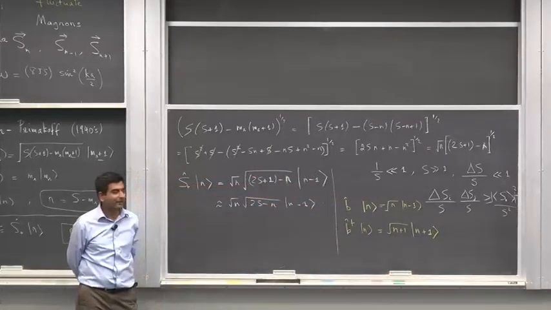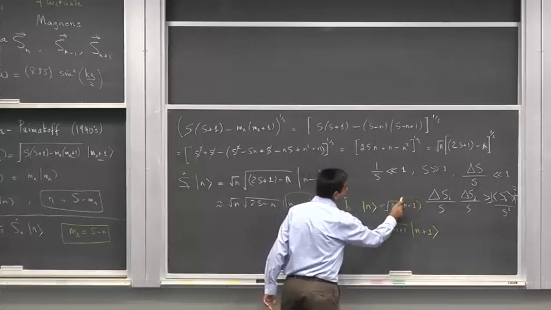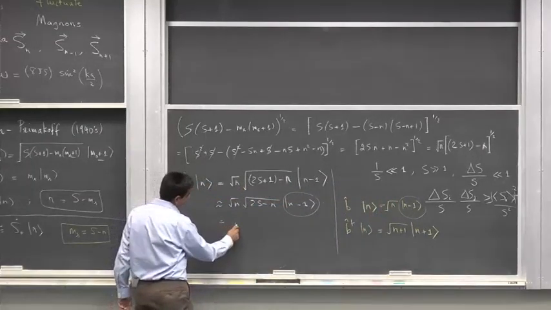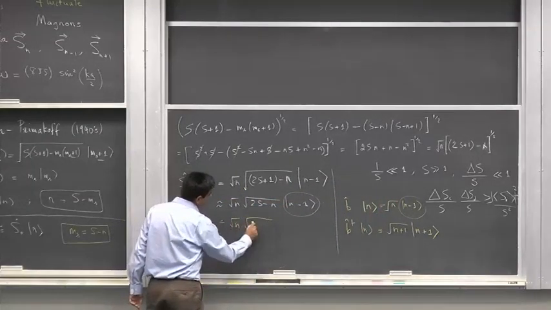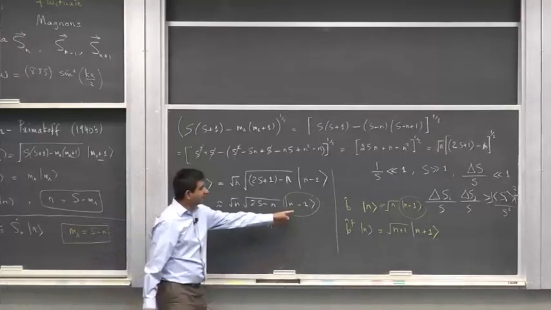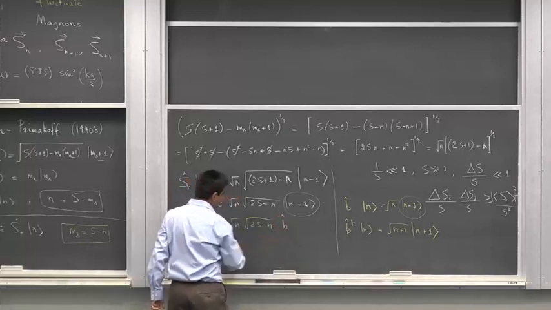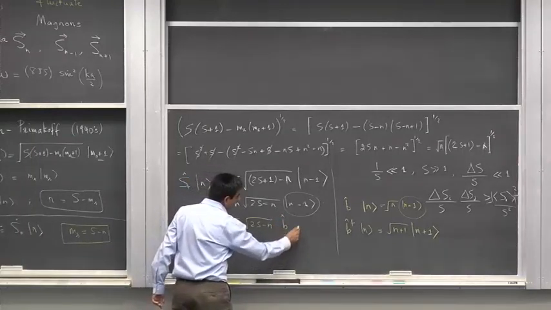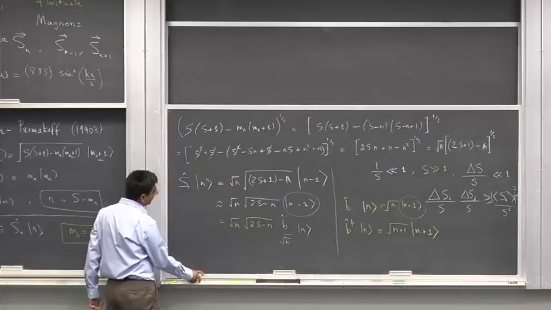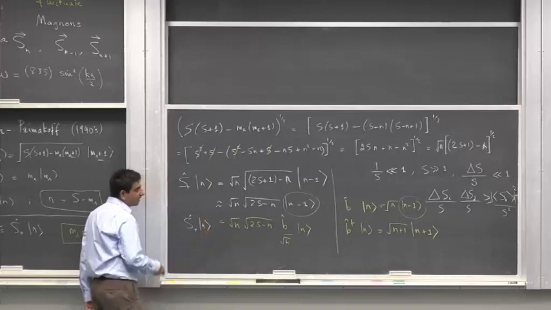Alright? So now if I look here and I look here, all of these are numbers. I can replace this thing with b, the annihilation operator, divided by under root n, acting on the state n. This is what happens when the S plus operator, which is a spin operator, acts on a magnon state.